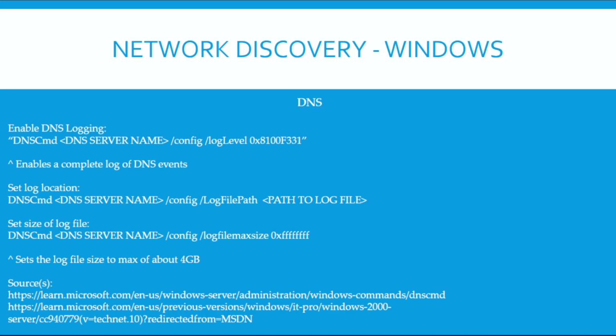And then the last one, policy enforcement. Content filtering: DNS logs can be used to enforce content filtering policies by monitoring which domains users are attempting to access. This is particularly important in organizations where strict internet usage policies are in place.